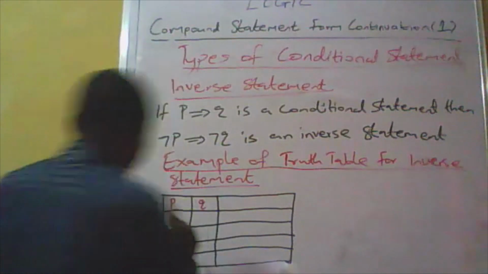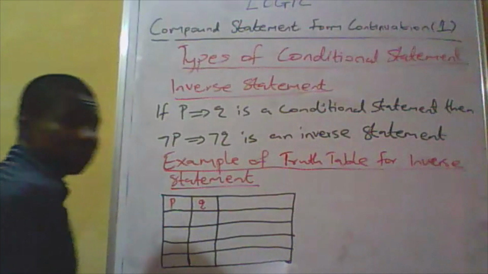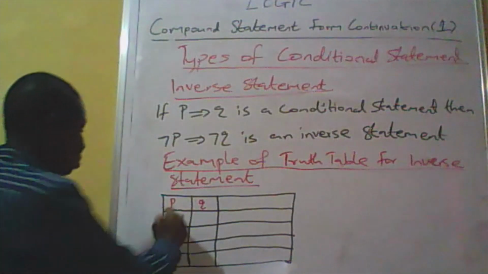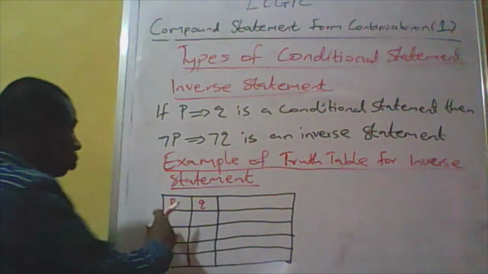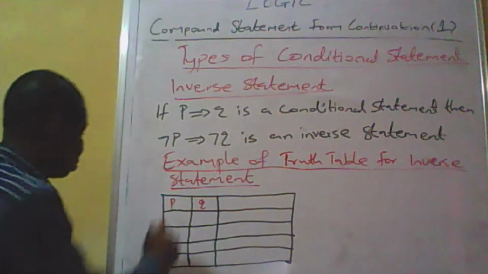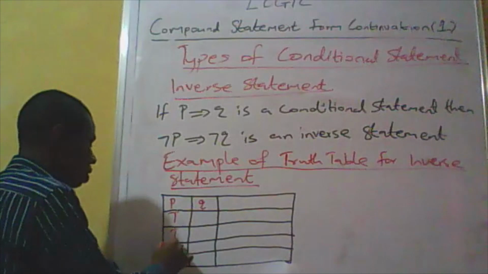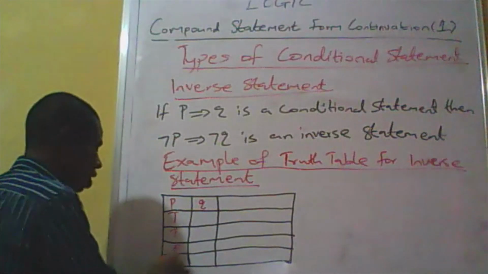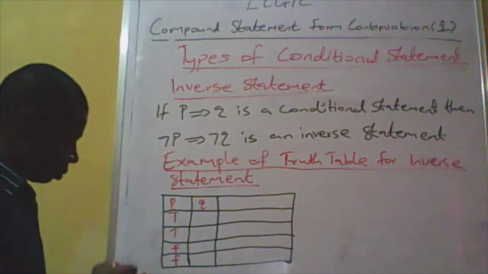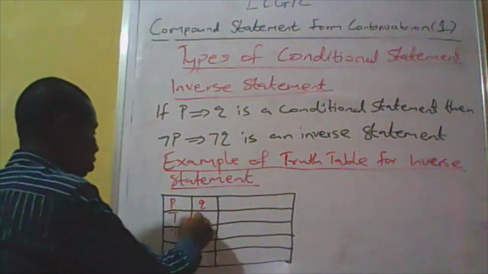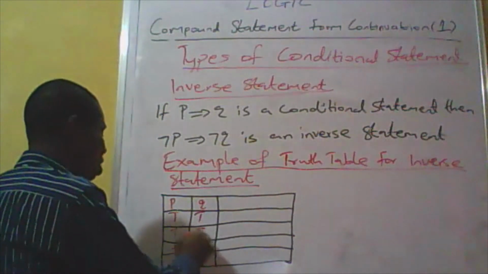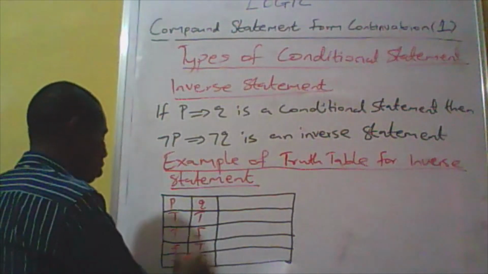We have normal truth values. That means here will be T, here F, here F. Then here will be T, here will be F, here will be T, here will be F.